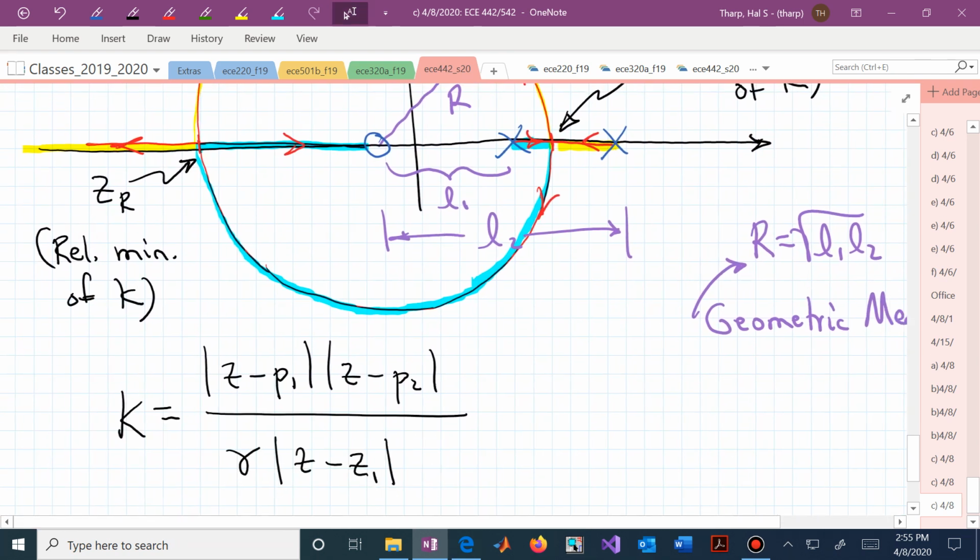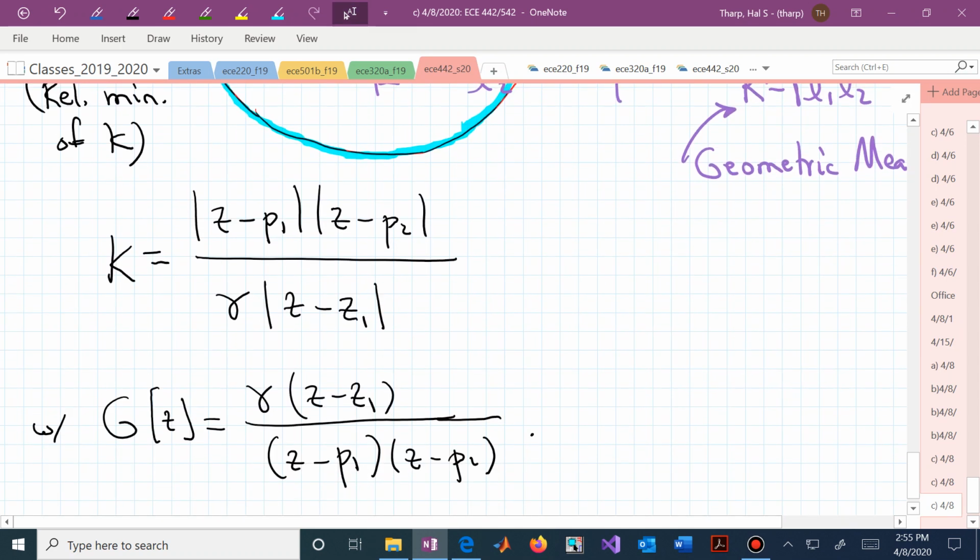Now, what we do know as well is that particular two poles and a zero has as a transfer function this structure. We know from our root locus origins that the magnitude condition k g of z is equal to 1.